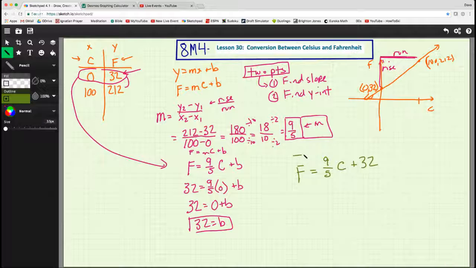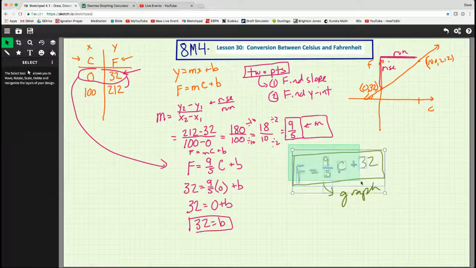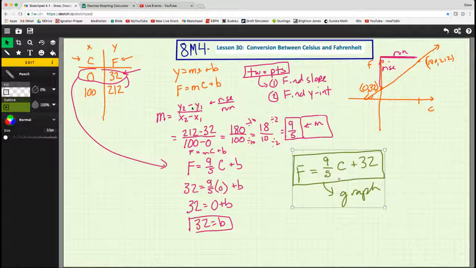And this may be a formula that you've already memorized in science class. That's very cool. F equals 9/5 C plus 32. So let's now go ahead and graph that. Let's pull this over to the next slide for graphing.